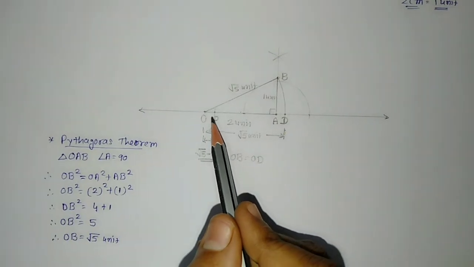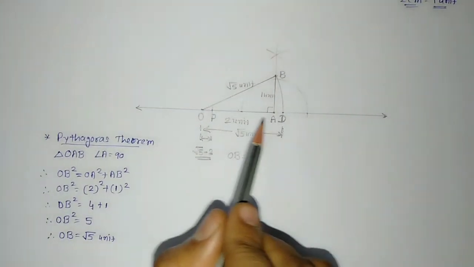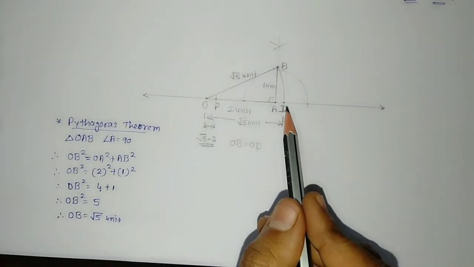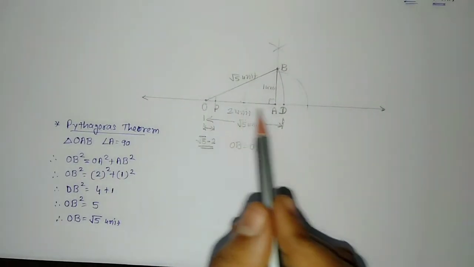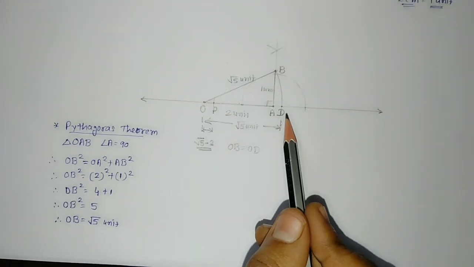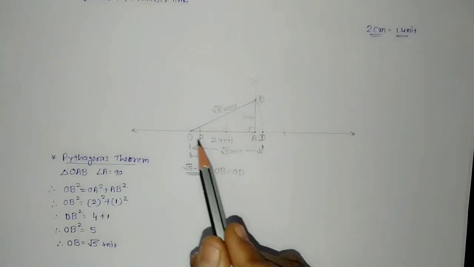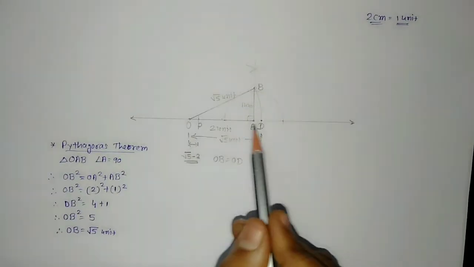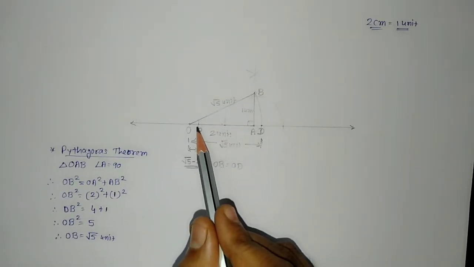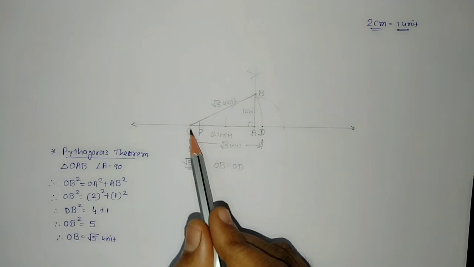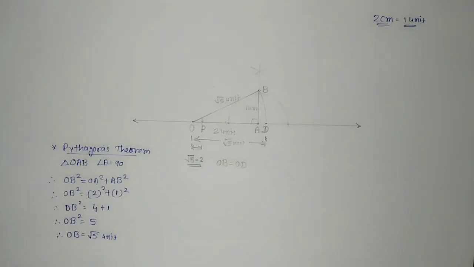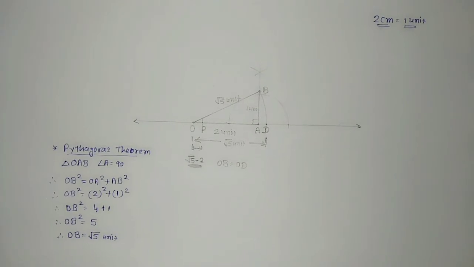If we want to add, we should go to the right hand side, or we can say to the other side of the origin, but we want to subtract it from this point, or we can say from this distance root 5, that is root 5 minus 2. So we have gone towards the origin side and we have drawn the arc, and it touches the number line at this point P. So this OP distance is root 5 minus 2. So this is how you can draw root 5 minus 2.